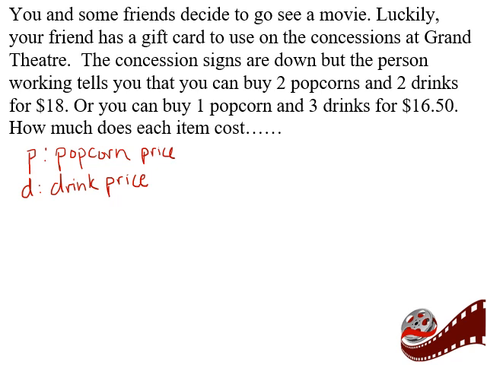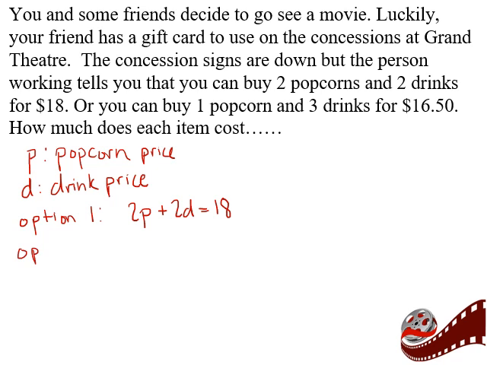After we reread the problem, so you can do that to yourself, we want to turn the situation into some sort of system that we can actually solve. So going back and reading, it says that the first option, so option 1, was that I could get 2 popcorns and 2 drinks for $18.